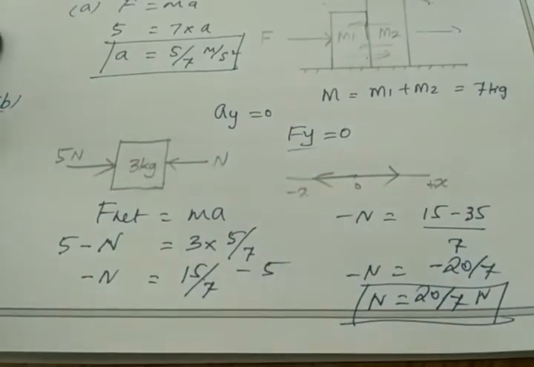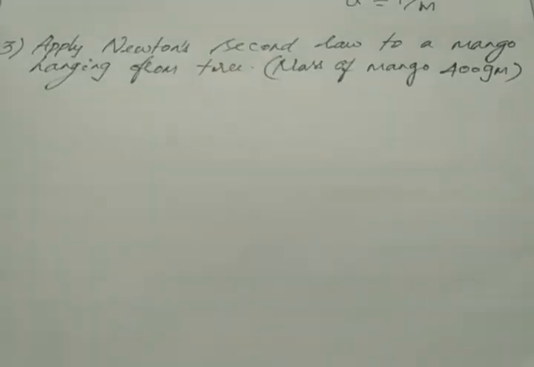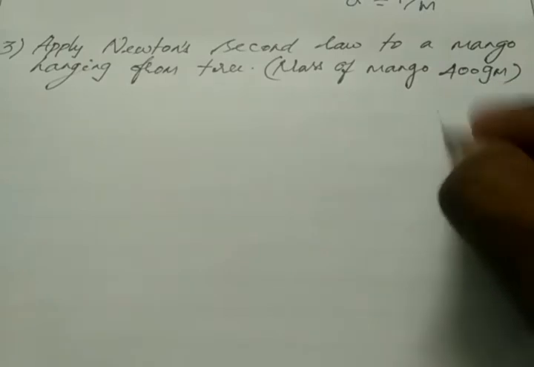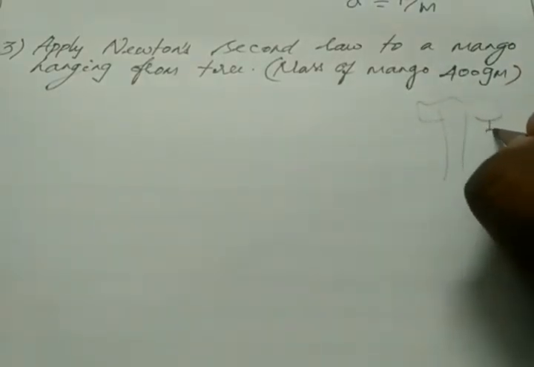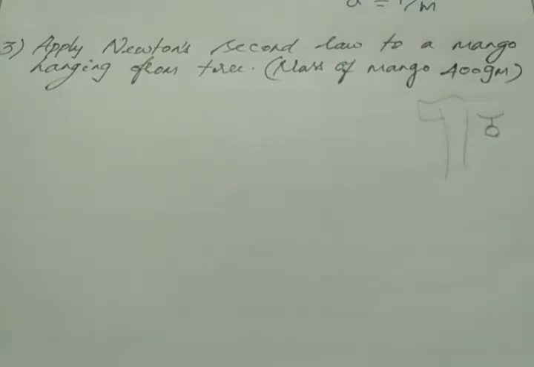Clear? The third problem says: apply Newton's second law to a mango hanging from a tree. The mass of the mango is given as 400 grams. So here, a mango hanging from a tree, we have to apply Newton's second law to this mango.